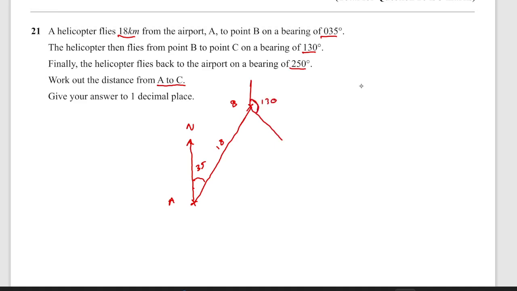Then I want to end up with a bearing of roughly 250, so that's 180 plus, not that far on that bearing. It gets to point C, and then flies on a bearing of 250, and we want to find this distance here.